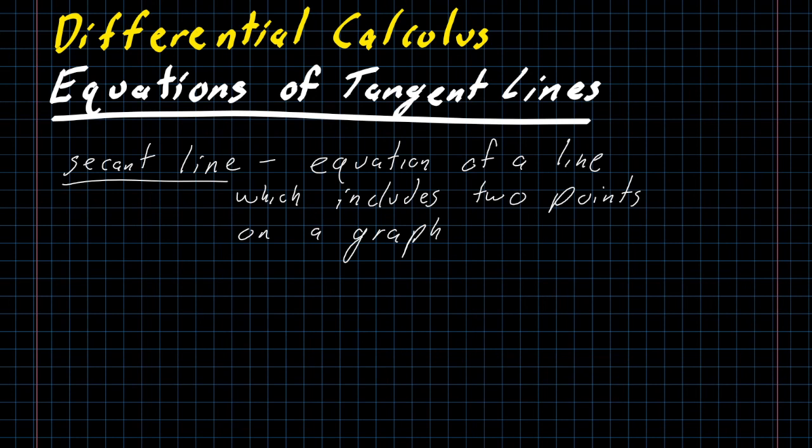Our goal is to find a tangent line. A tangent line is a line which includes exactly 1 point on a graph, although that's a little bit misleading.